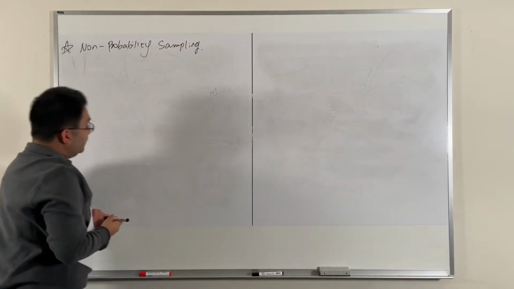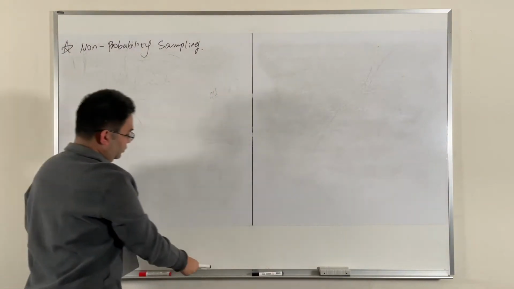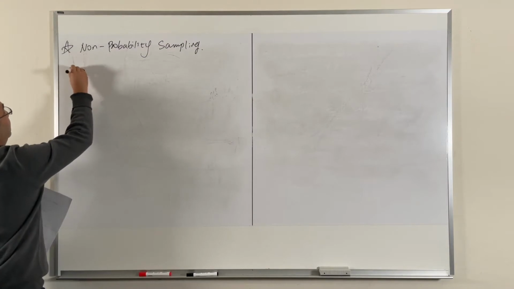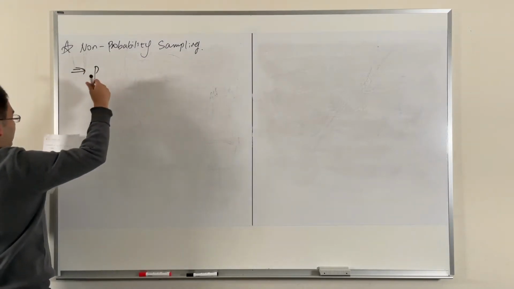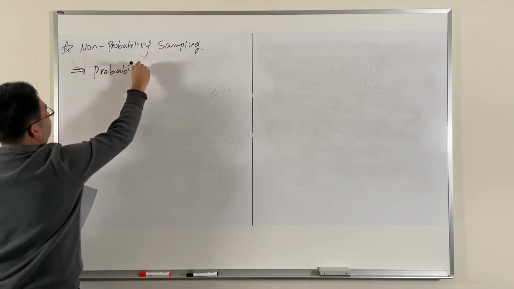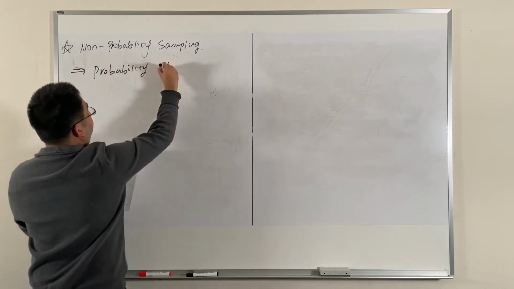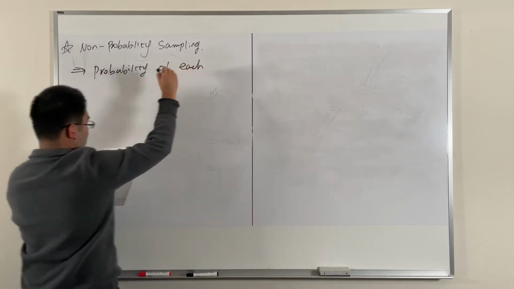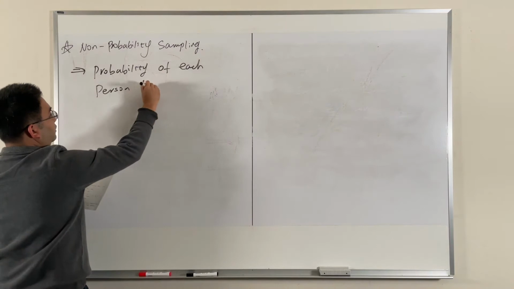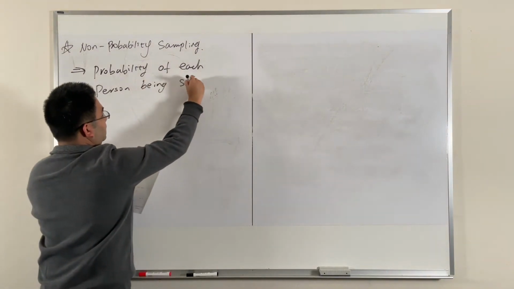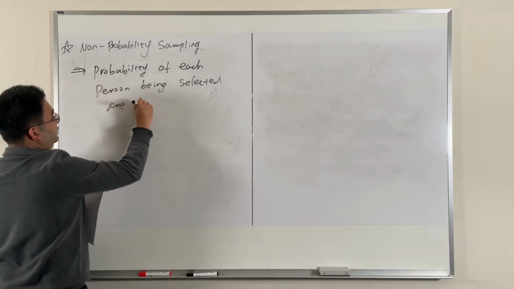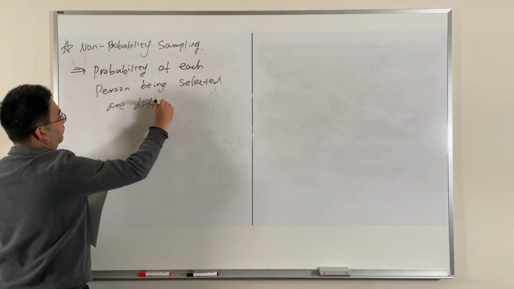The main difference between probability sampling and non-probability sampling is that in non-probability sampling, the probability of each person or each subject being selected is different.